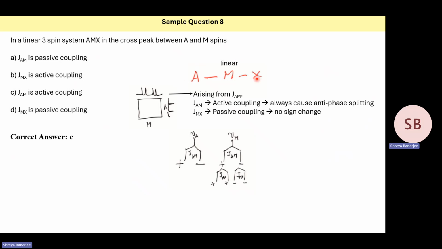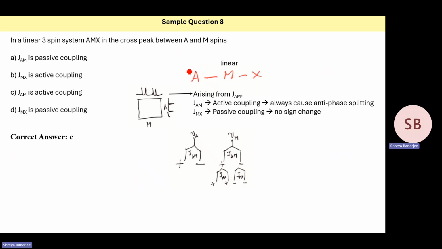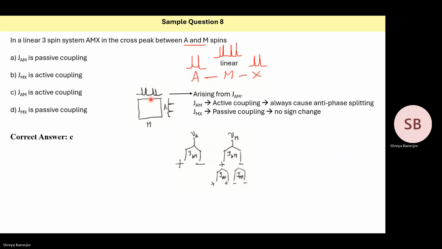So in a linear system here, AMX, we know in AMX, A will give rise to a doublet, M will give rise to a doublet of doublet, so 4 peaks, and X will give rise to a doublet. So if we are looking at the cross peak between A and M, M will have 4 peaks, doublet of doublet, and A will have a doublet.